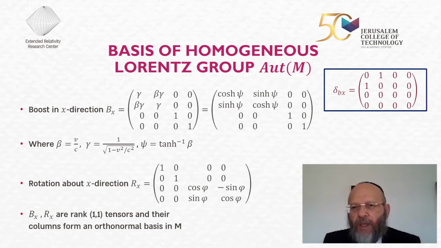What will happen with the generators? How do you calculate a generator? Your psi has to be now varying, and at 0 it has to be equal to 0. We differentiate this. Your cosh will become sinh, and sinh will become cosh, and you put in 0. So on the diagonal you get 0, off diagonal you get 1.